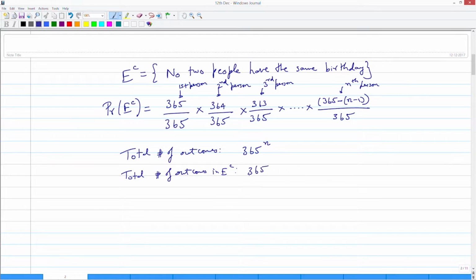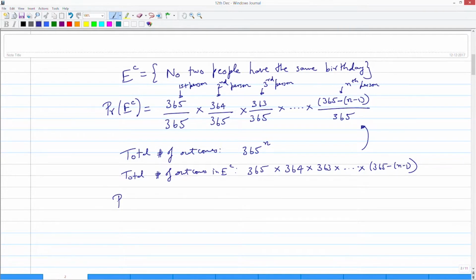The first one can be any one of the 365 possibilities, next one should be 364, next one should be 363, so on till 365 minus n minus 1, right. So, that is the idea. Is that okay? So, the same thing happened here, okay, but if you use conditional probability and independence like the way I showed you, you can directly write down. Okay. So, this is the probability of E complement, that no two people have the same birthday.